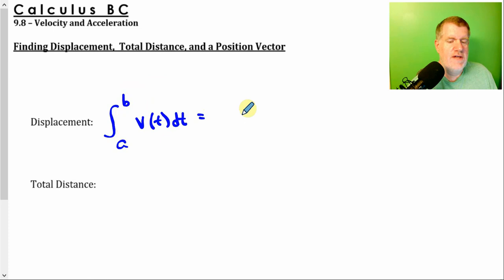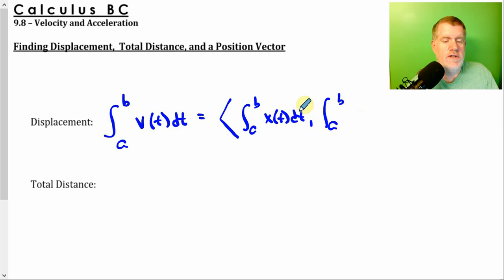And of course, that would be just broken up into its components. It would be the integral from a to b of the x component, and from a to b of the y component of velocity. I'm sorry, I should say x prime, because it'd be the velocity of x and y.